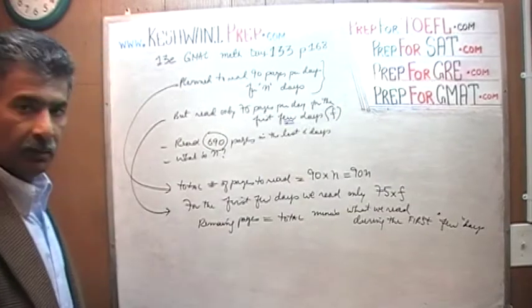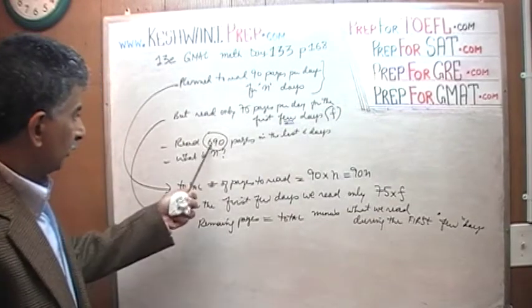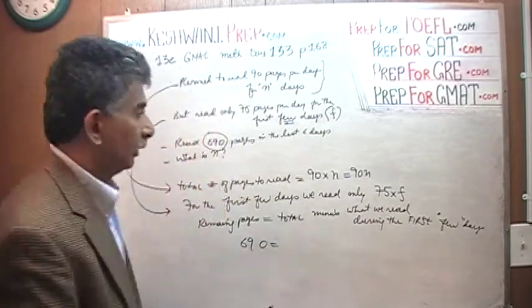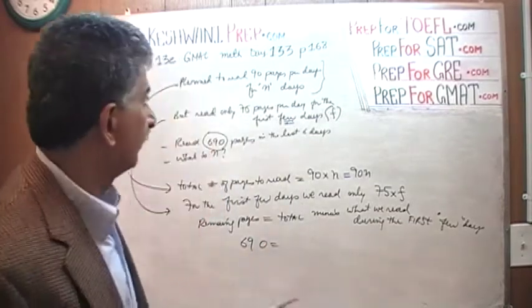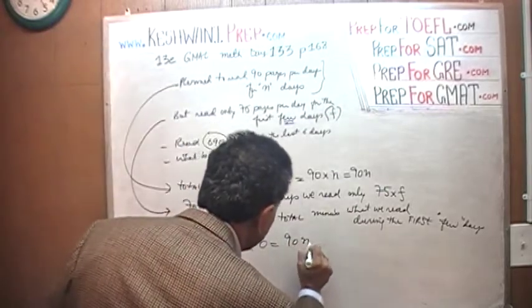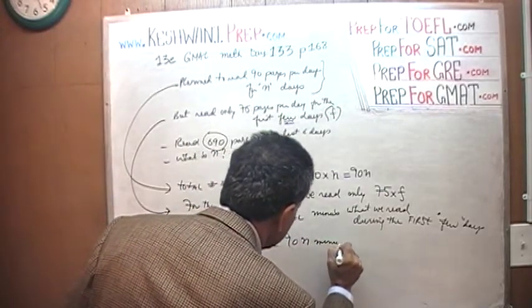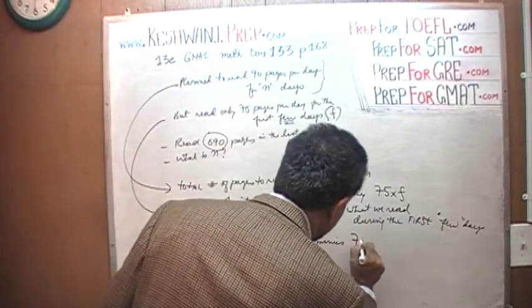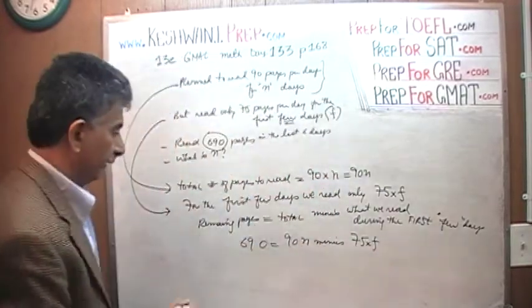Which makes sense. That 690 has to equal the total number of pages assigned, which is 90 times n, minus what we read the first few days, which was 75 times f. That's our first equation.